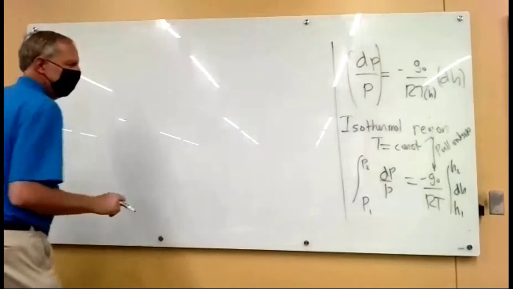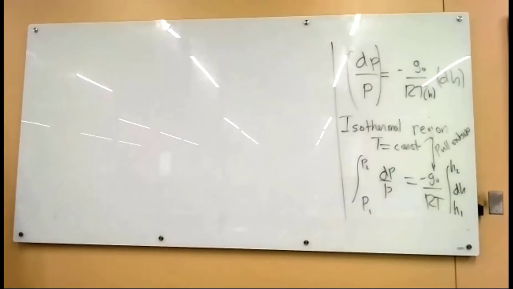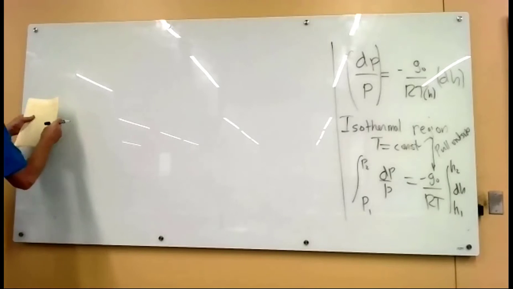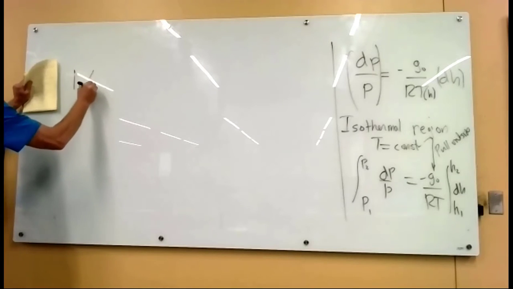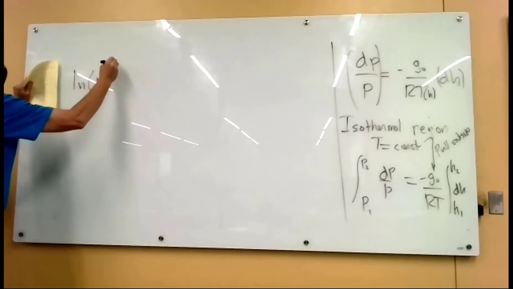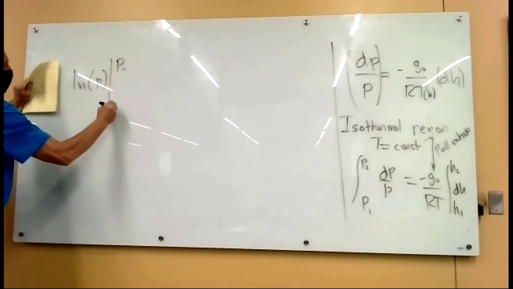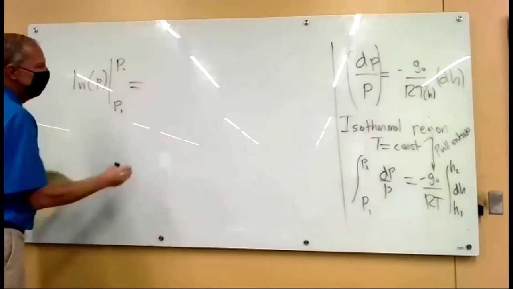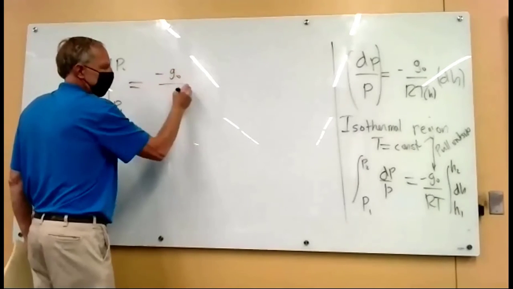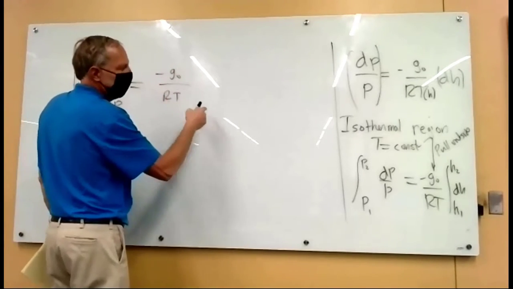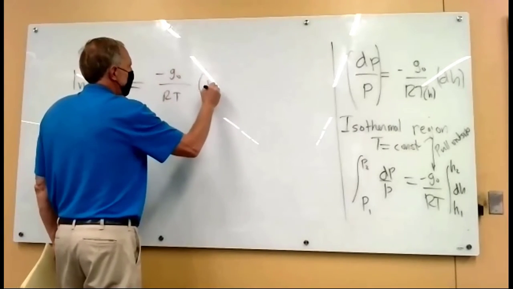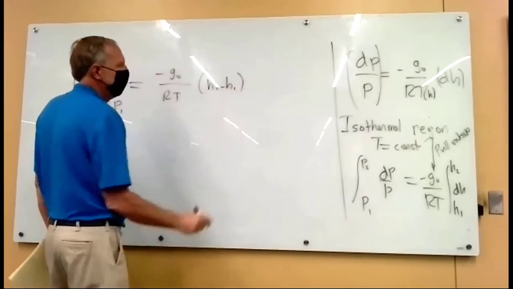So we know what the integral of 1 over p is. That's something you've learned in math, right? So 1 over p becomes the ln of p. And we evaluate between the limits here. And the right side is easy. Temperature is constant. dH just turns into H2 minus H1.